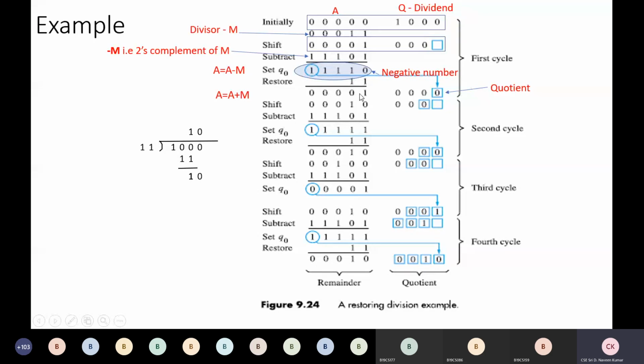We got back, you can see this is the same number we restored back here. Okay, right. So this is an important thing. We had restored back the previous number.